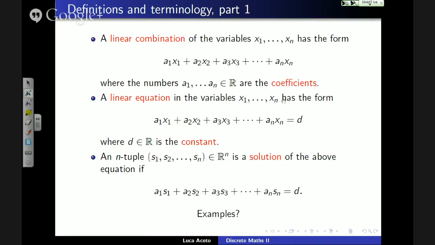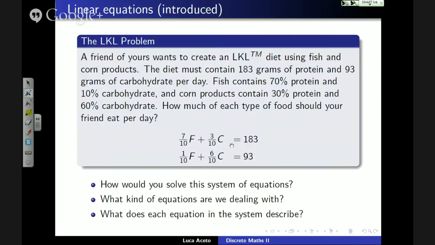It's nothing but an expression that equates a linear combination of these variables with a constant d, which is a real number. So, for instance, the thing that we had before is a linear equation. We had two linear equations. Why? Because here the variables are f and c. These are the multiplying coefficients, and this is the constant, 183 in this case.